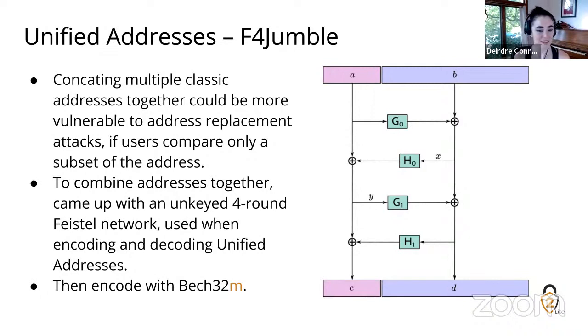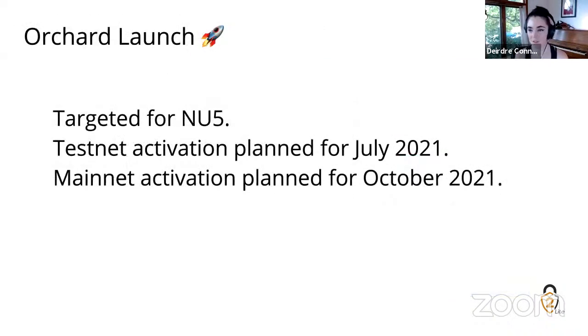Thank you. Cool. So all of this stuff is part of the slate of ZIPs that are scheduled to activate with Network Upgrade 5. These are not all the things that are scheduled for Network Upgrade 5.